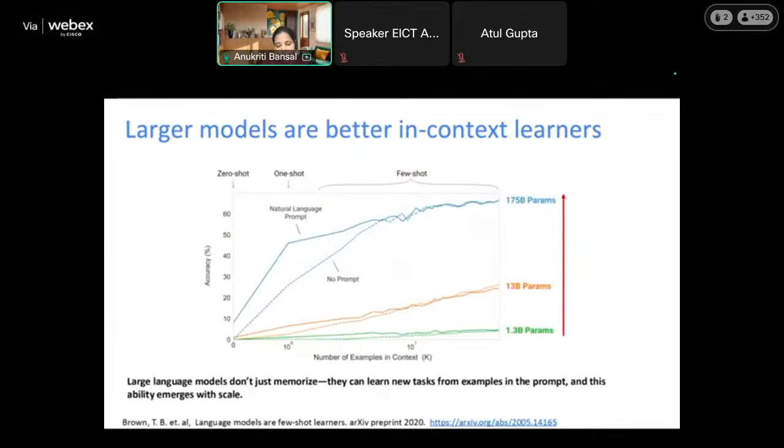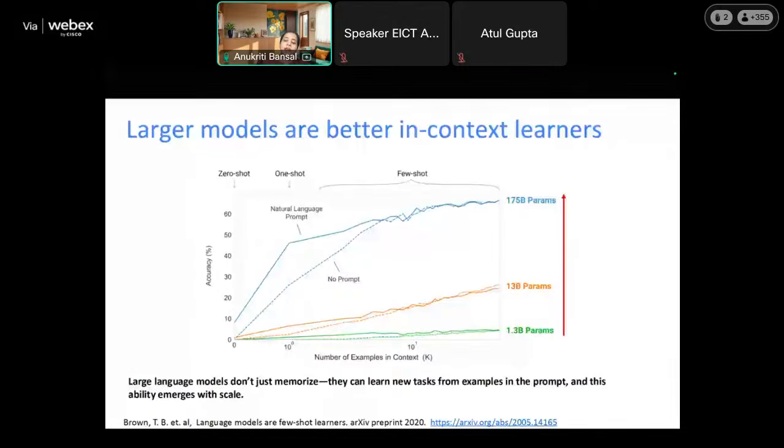And there was a paper in 2020 that said that as the number of parameters of my models increases, they become better in context learners. They are not just memorizing that if this is the example, this is the output.